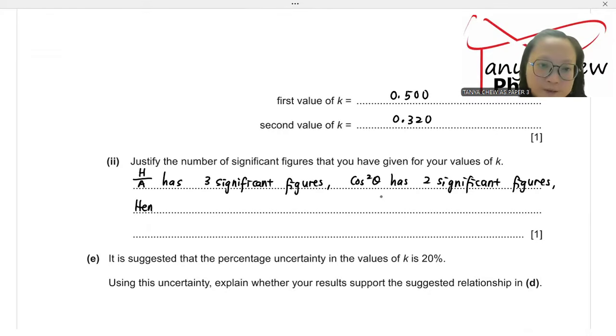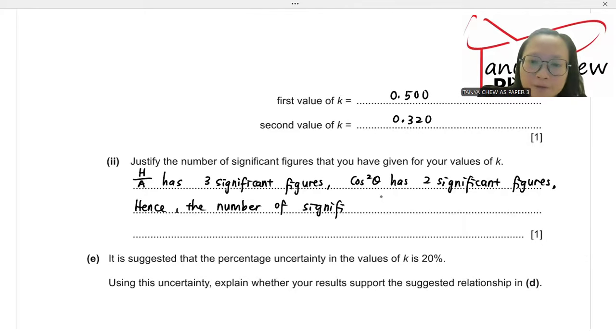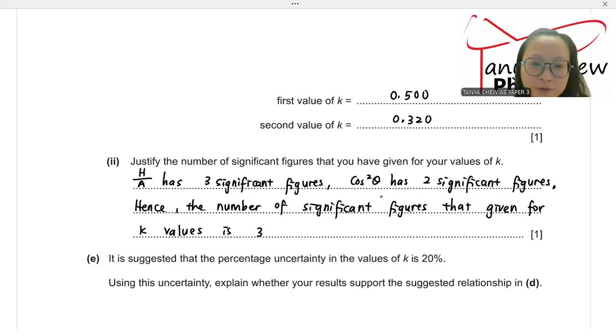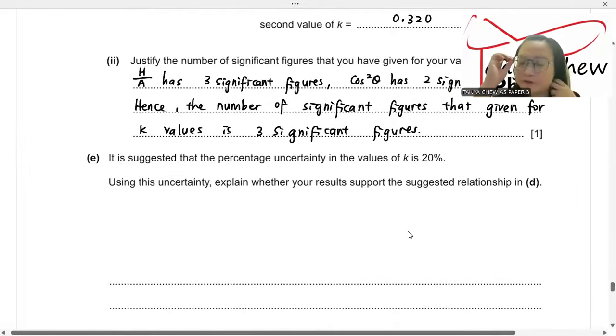So hence the number of significant figures given for K values is three significant figures. Done. You can choose two significant figures, not a problem.